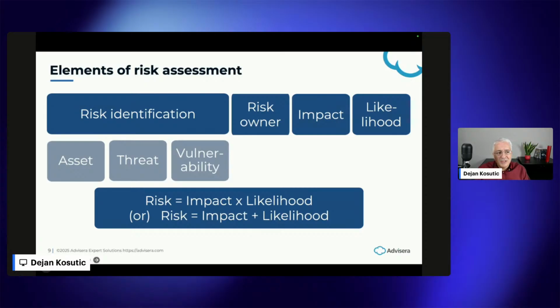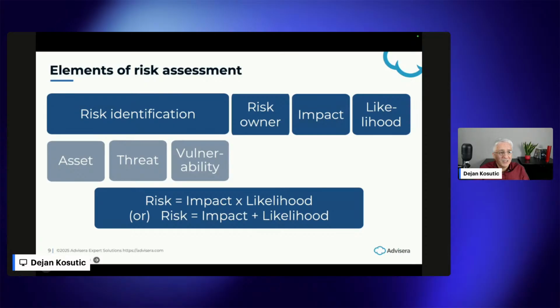Now, I also mentioned that you have to adapt this risk assessment methodology according to your company needs. You can see in this slide the elements that you can prescribe and determine through this methodology. So you can say in your methodology that you do not want to use asset-based risk assessment, or you can say that you want to use it.